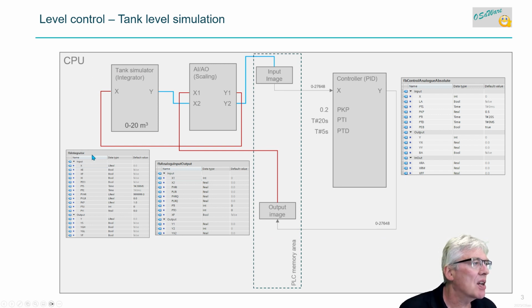A tank is basically just an integrator. In our model, there's a little more to it than that, and this analog input-output function that you could use just to interface this. Here, this tank simulator is working 0 to 20 cubic meters, the volume, if that's what you would desire.